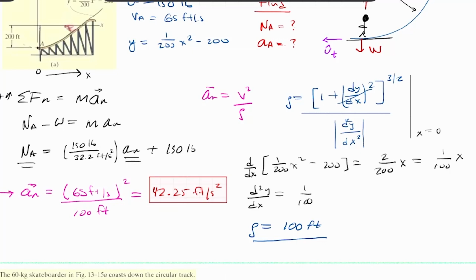Plugging that into the equation right here, we find the normal force at A is equal to 347 pounds.